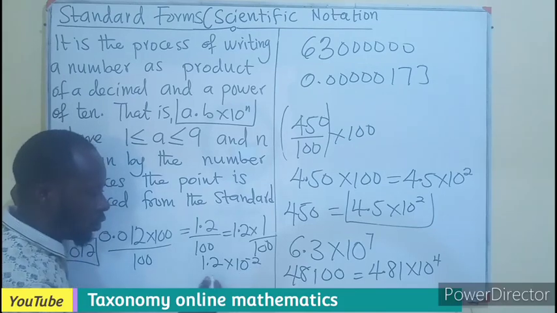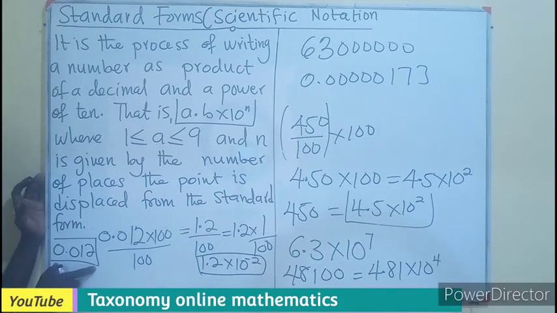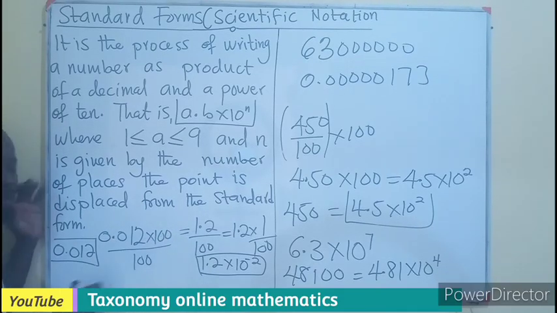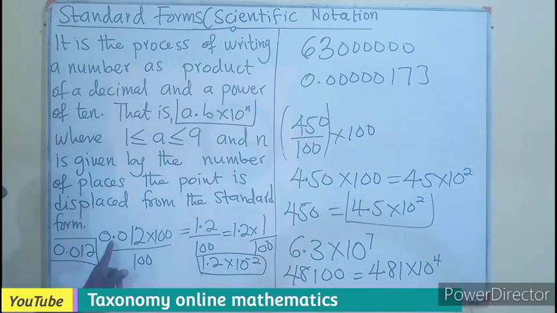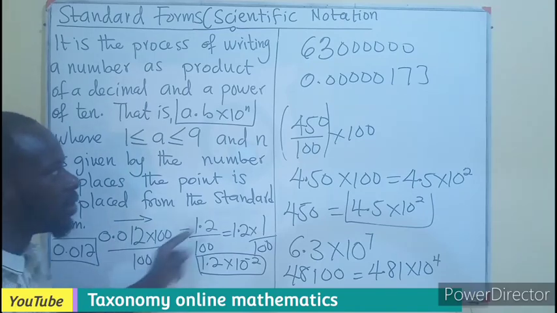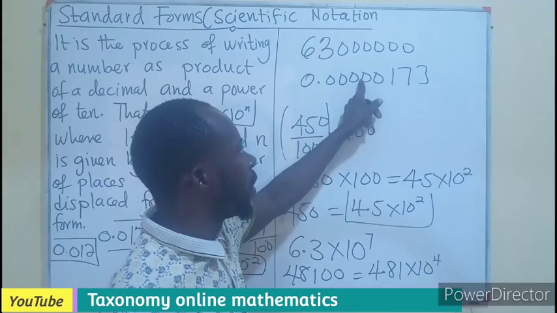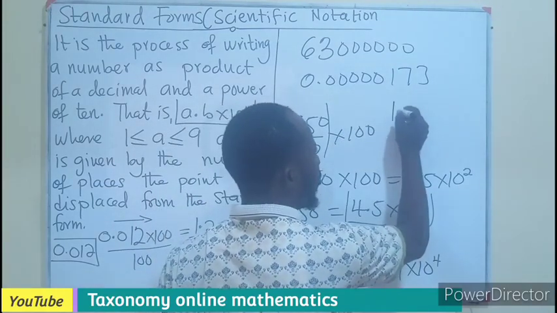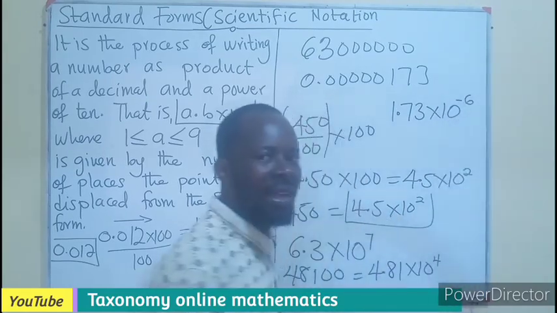This is going to be 1 over, there's a negative sign, then 2 zeros become a power of 2. So this value is the same as this value, since this divided by this is what we are having here. So you can see that I'm having a negative because I am moving the point from the left to the right. So in this case, I'll have 1, 2, 3, 4, 5, 6, meaning 1.73 times 10 exponent negative 6.